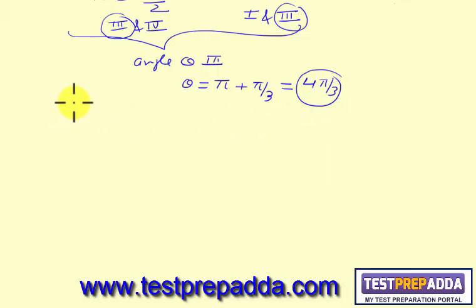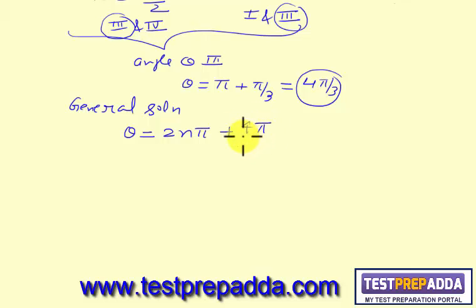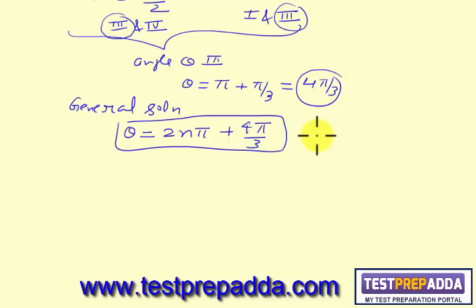Okay, so the general solution can be written as theta is equal to 2n pi plus 4 pi by 3, where n belongs to integers. Got it?